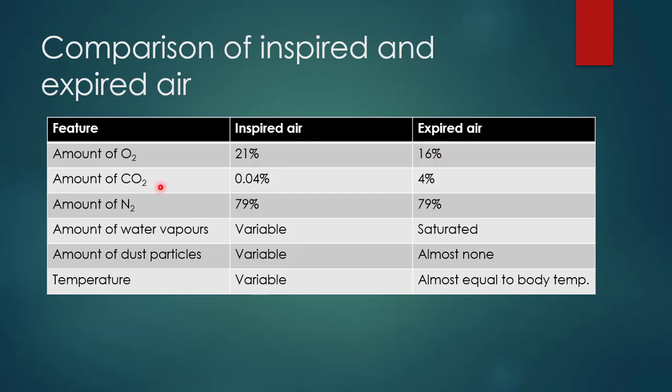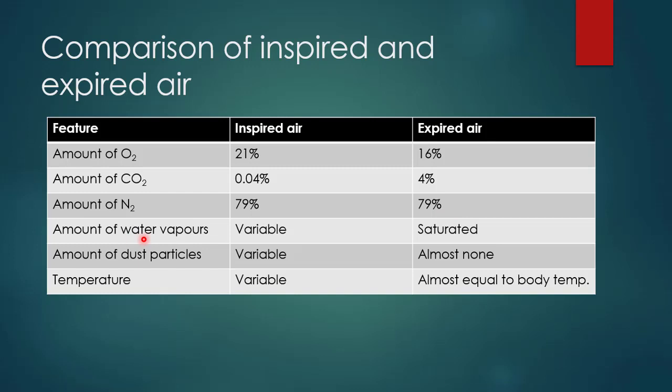The amount of carbon dioxide in inspired air is 0.04%, while in case of expired air, it is 4%. The amount of nitrogen is the same in both inspired and expired air, which means it is 79%, because it is harmful for our body. It is expired or exhaled out of your body.